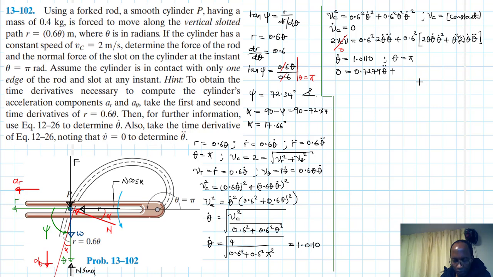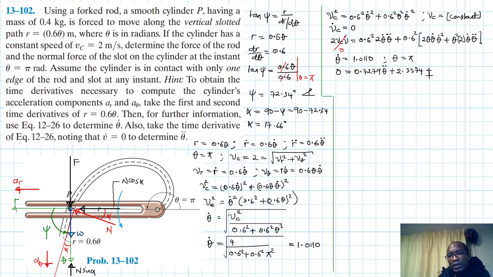Okay, sorry, 0.6 squared by 2 by pi by 1.011 to the power 3. There are 3 of them there, right? So this just becomes 2.3374.